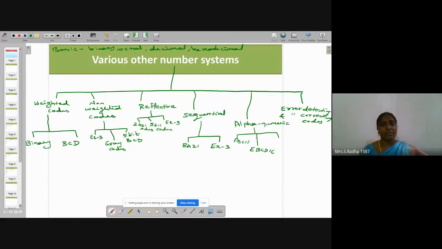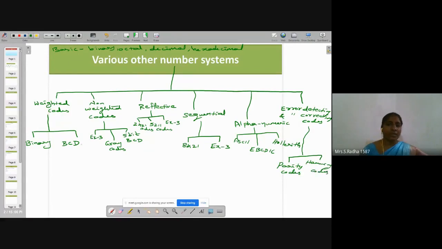That is an alphanumeric code. And the last one is Hollerith code. Coming to the error detecting and error correcting codes, you might have heard of parity codes, odd parity, even parity, and then Hamming codes.